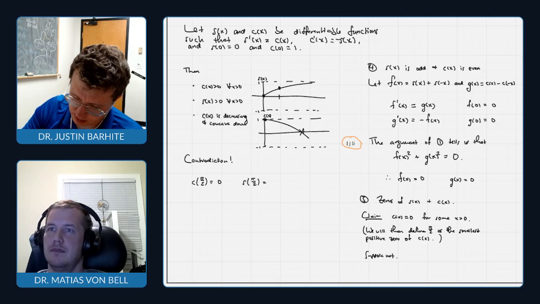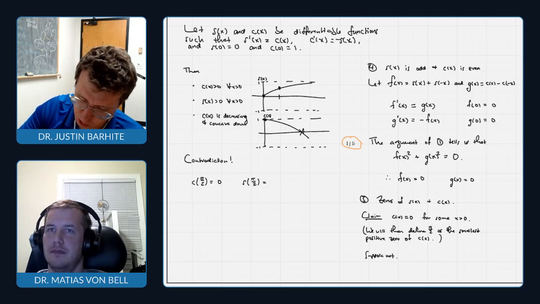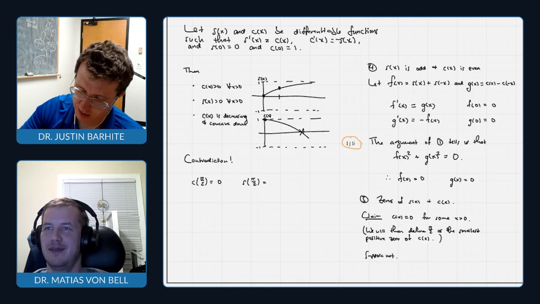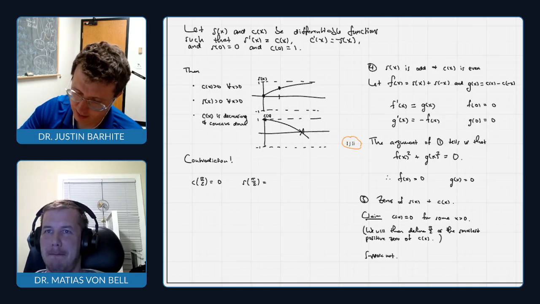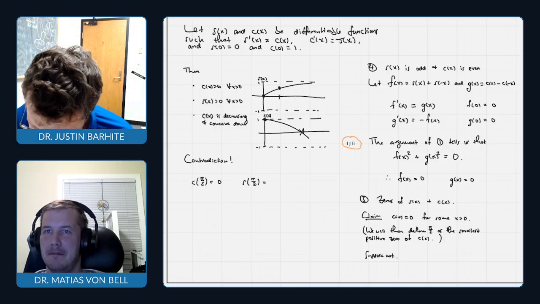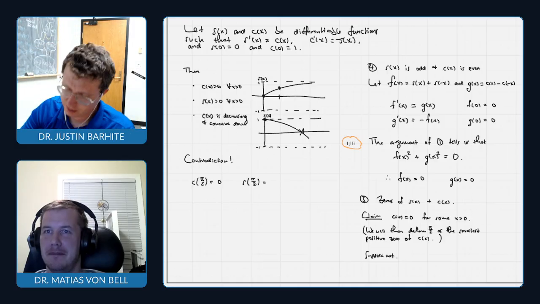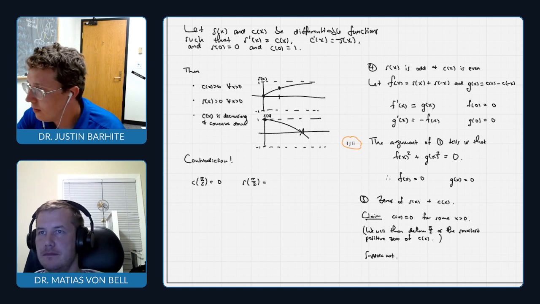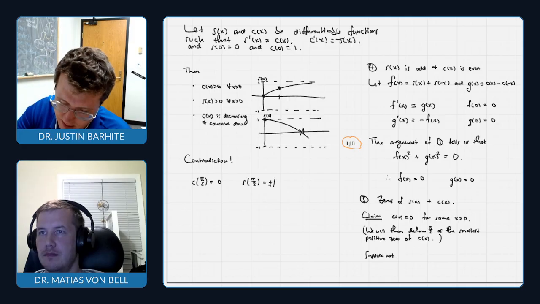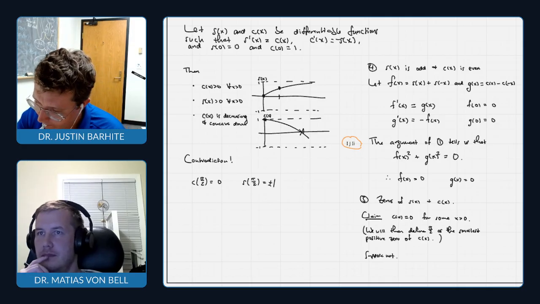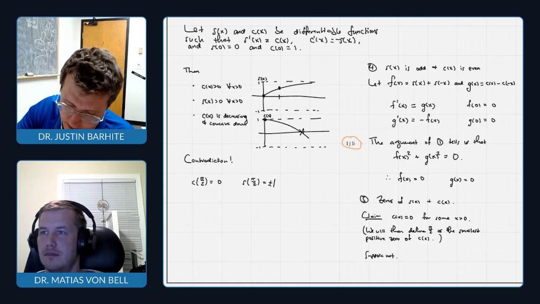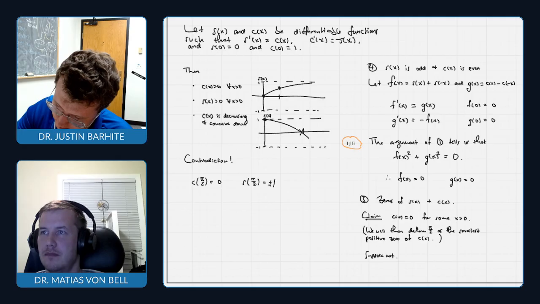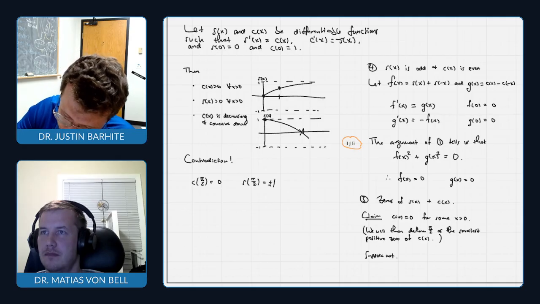Yeah, my app is glitching. It's like the toolbar is all zoomed in, so I only see the top half of the toolbar. That doesn't make any sense. All right. I've restarted the app.